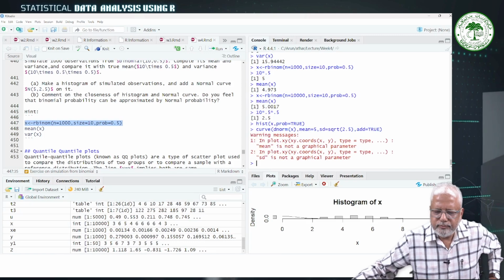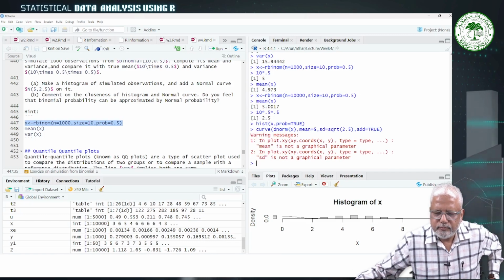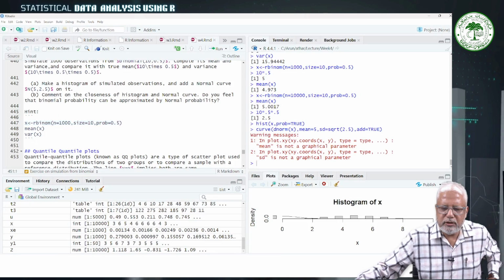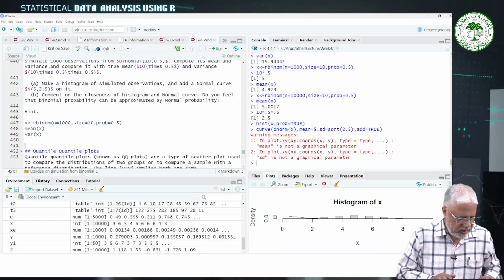Actually, we have to add a chunk here. It is better that I add a chunk here.